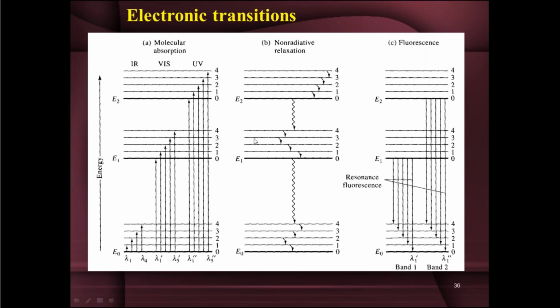It comes to E1 electronic state. Again, it will undergo vibrational relaxations, come to the lowest vibrational level of E1. And then again, by collisional deactivation or external conversion, it could come down to E0, and further vibrational relaxations, the molecule may come down to the ground state.